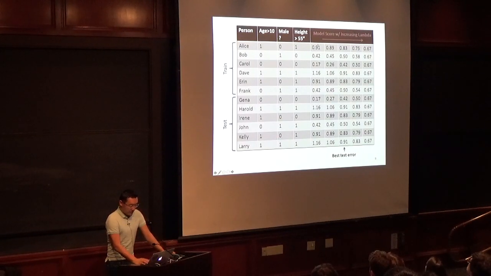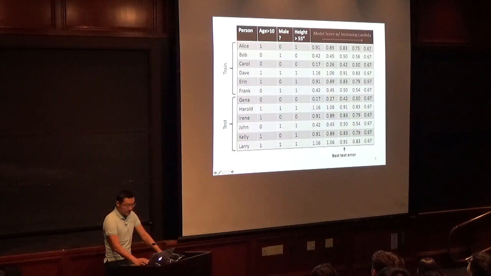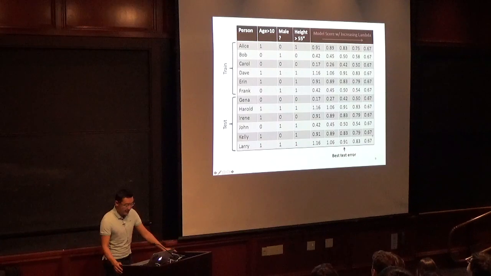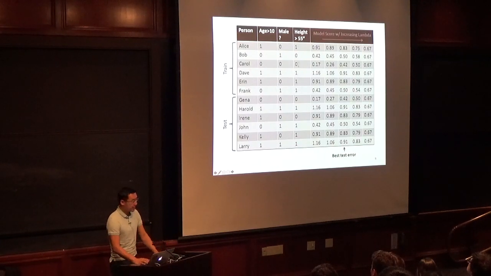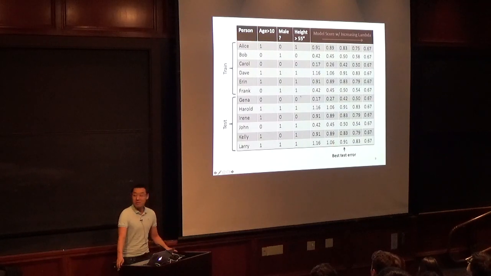So in the first column, you see that in the training set, which is the first 6 rows, the raw score matches the label pretty well, and it matches the labels in the test set slightly less well. As lambda increases, the model score predicts 0.67 for every example, and that's because 2/3 of the time in the training set the label is 1, and 1/3 of the time the label is 0.